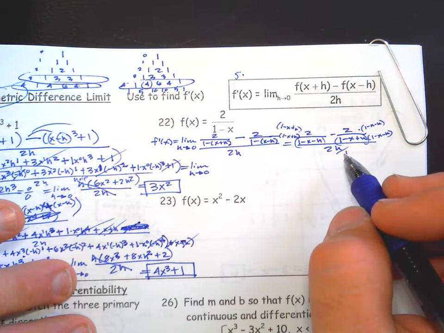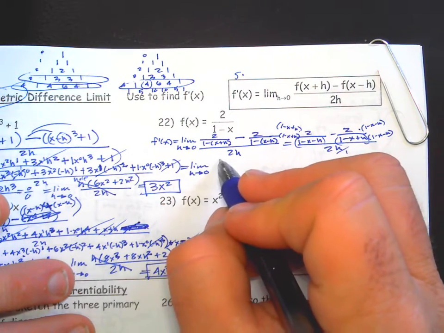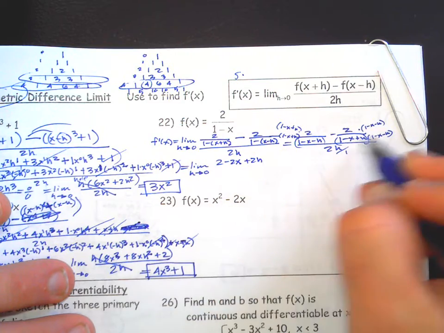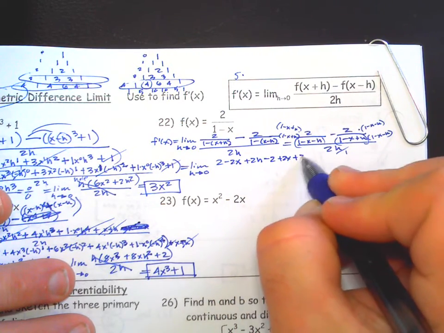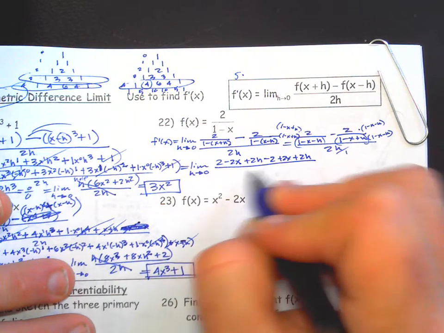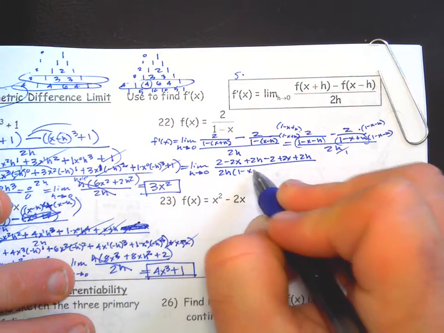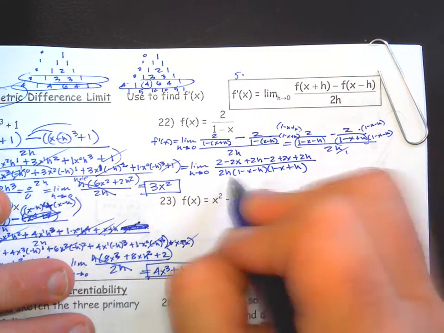So on the top, you need to multiply these out. That's going to be a 2 minus 2x plus 2h. This is going to be a minus 2 plus 2x plus 2h all over 2h, 1 minus x minus h, 1 minus x plus h. I don't need to multiply the bottoms out. That's fine.